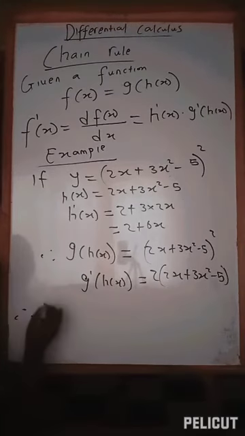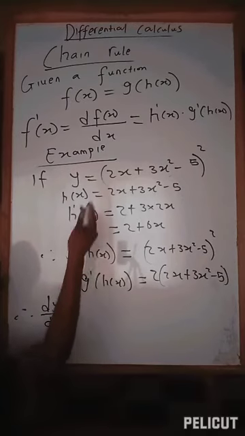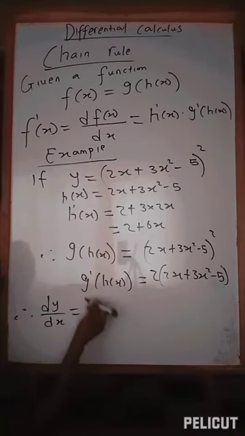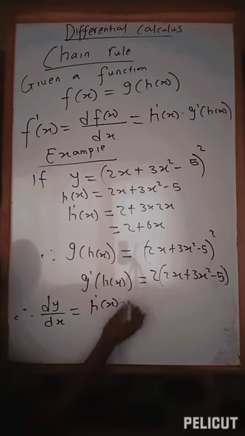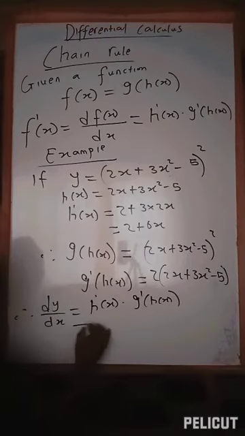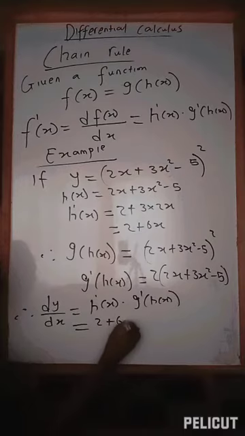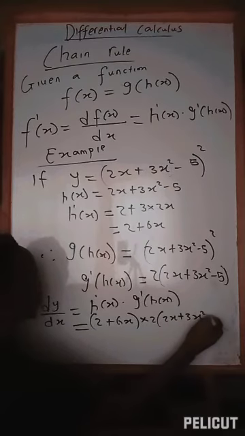Therefore, dy dx, that's y prime of x, is going to be h prime of x times g prime of h of x. And h prime of x is 2 plus 6x, times 2 times 2x plus 3x squared minus 5.